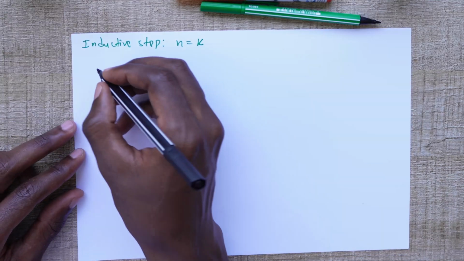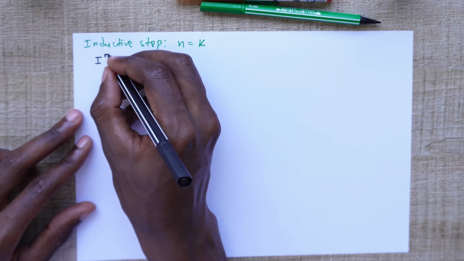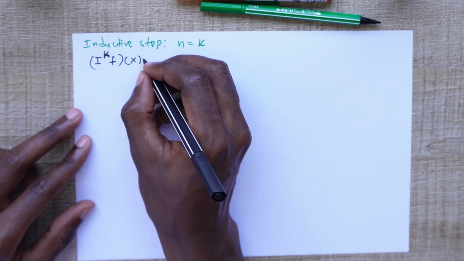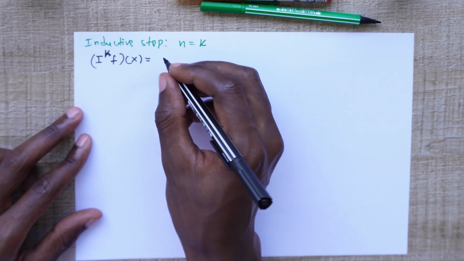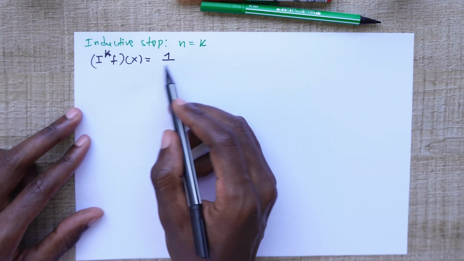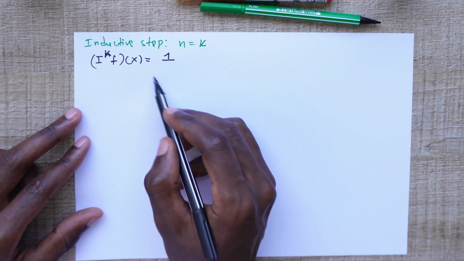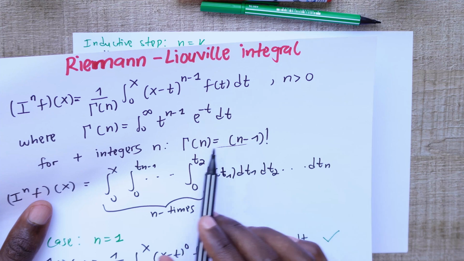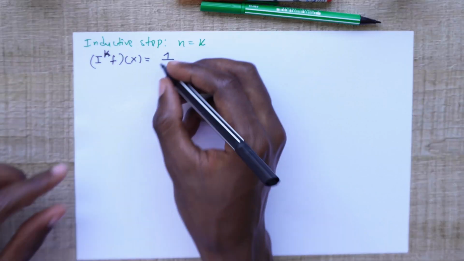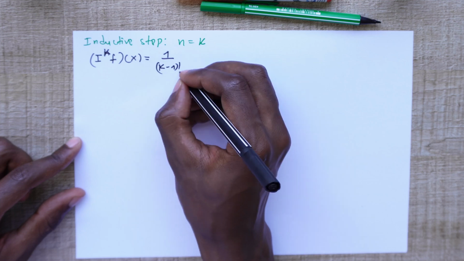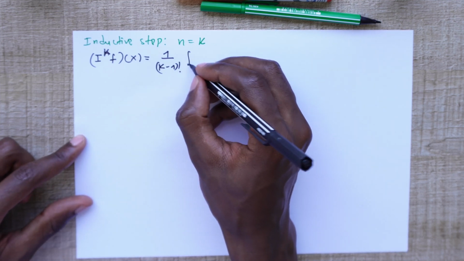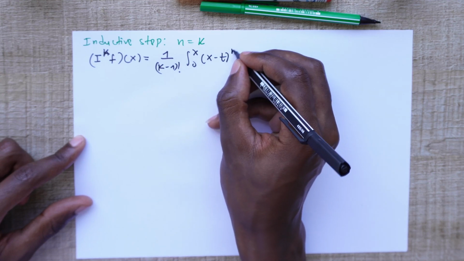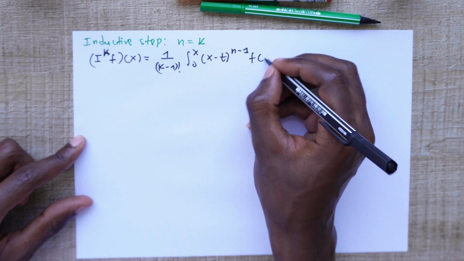So we can write that as I^k of f of x equal to 1 all over gamma of k, but I'm going to replace gamma of k by the expression of the gamma function of an integer k, which is just k minus 1 factorial. So here we are going to put k minus 1 factorial. Then the integral from 0 to x of x minus t to the power k minus 1 times f of t dt.